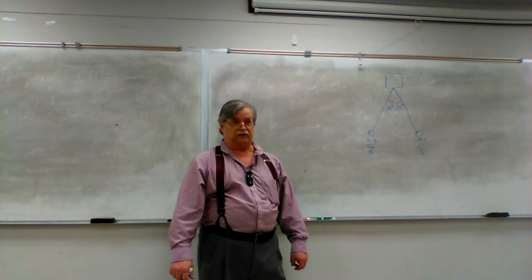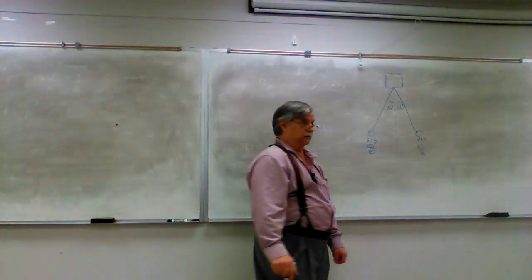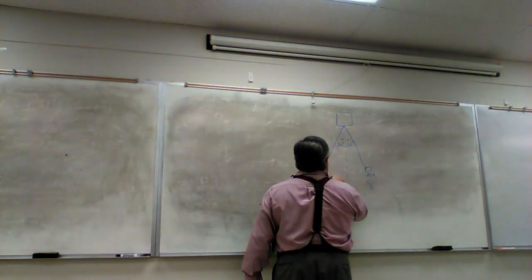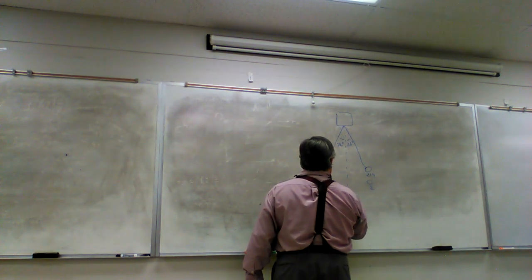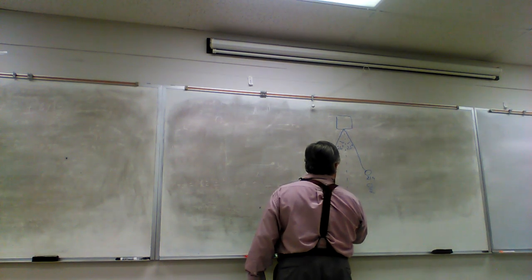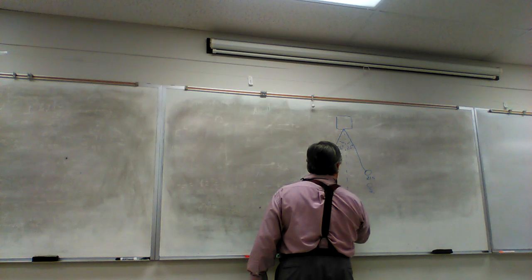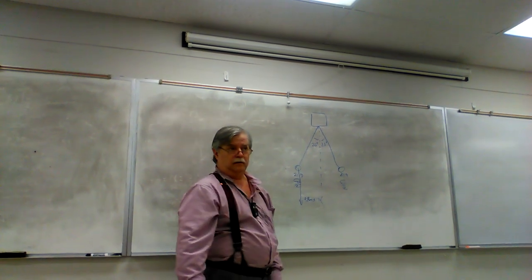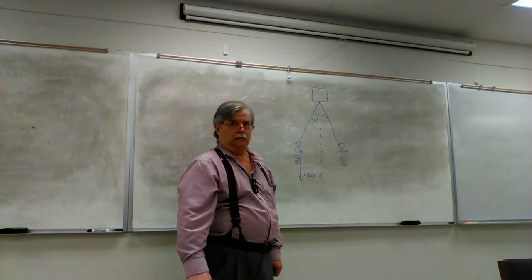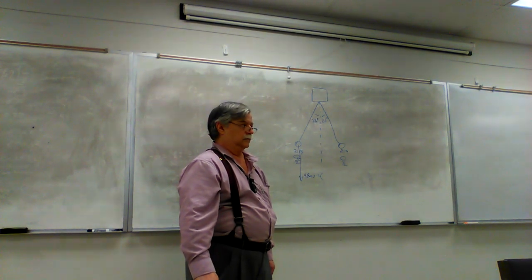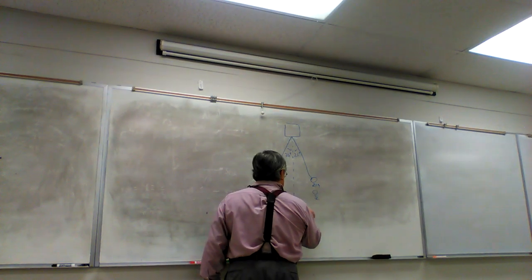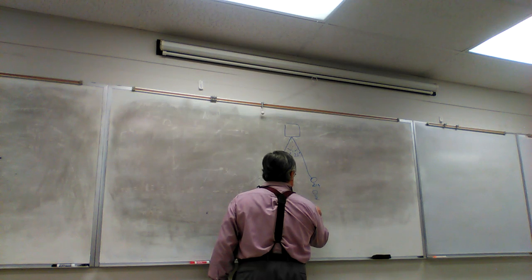But first, you're going to have to go back to Physics 1 and think about mass times acceleration equals the sum of the forces. What forces are acting on this ball? You've got gravity pushing straight down, which is 9.8 meters per second squared times 0.021 kilograms.